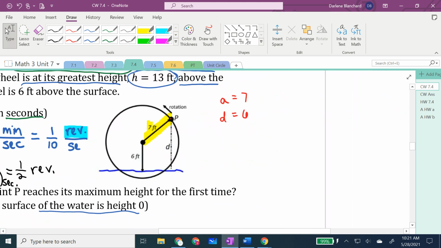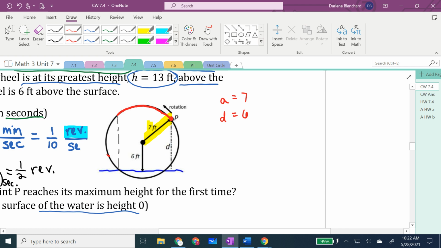And I'm hoping that you will really think about the connection between that sinusoidal graph and what's going on with this circle, and specifically just this point's vertical distance as the point rotates around. So again, that vertical distance d, when my point has moved over here, that's going to be that distance.